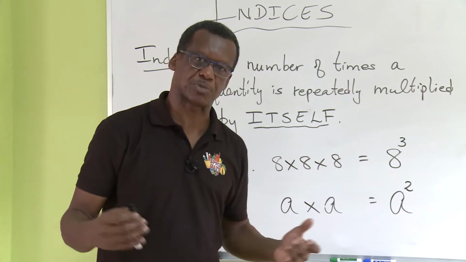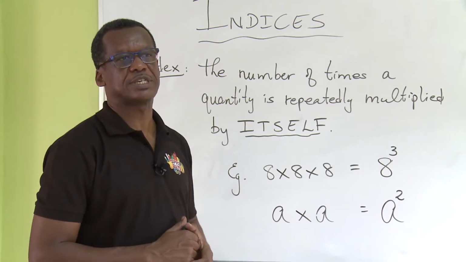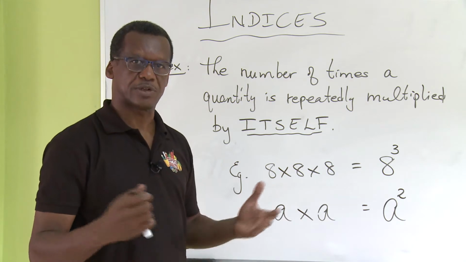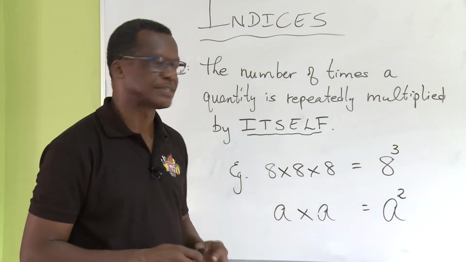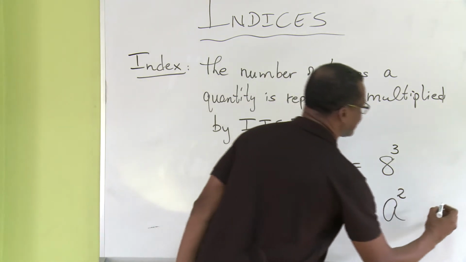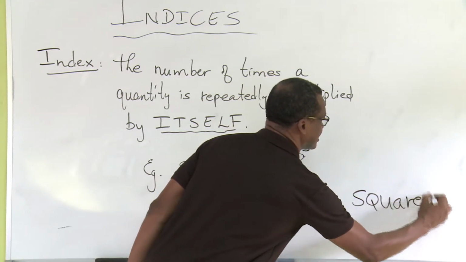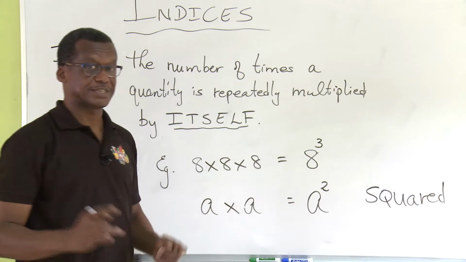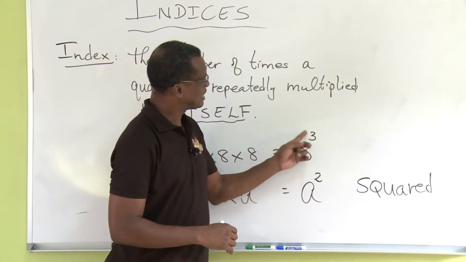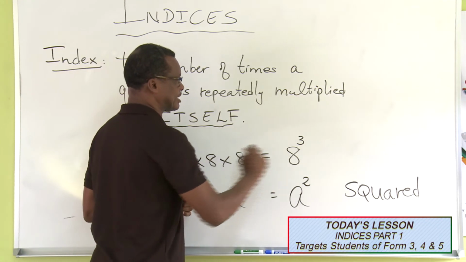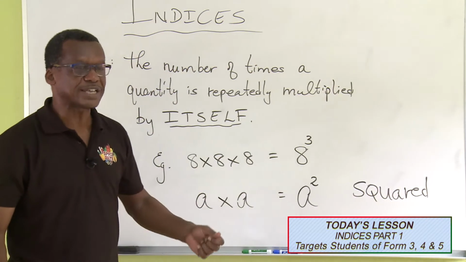And this one has a special name. Anytime a quantity is multiplied by itself 2 times, it's called squared. So this is A squared. And interestingly, anytime a quantity is multiplied by itself 3 times, as we did in the first example, it also has a special name.